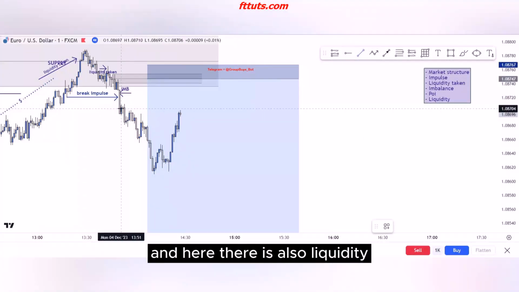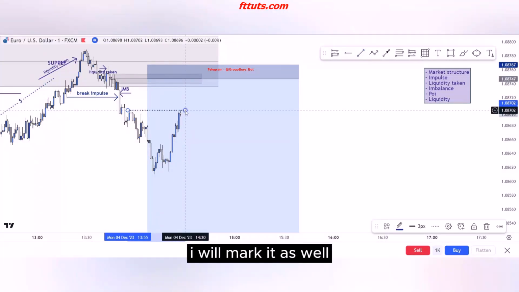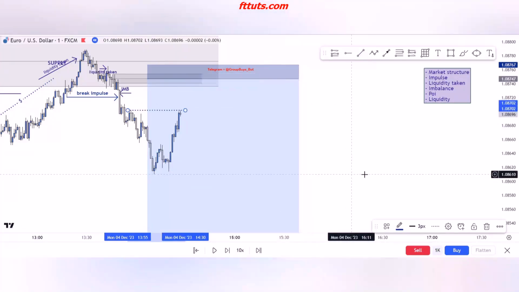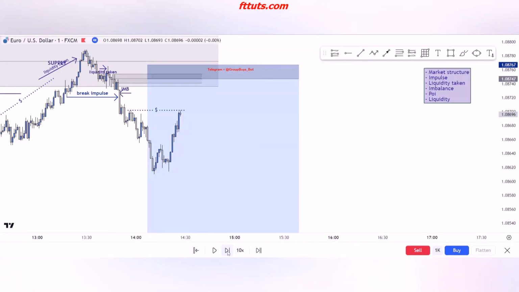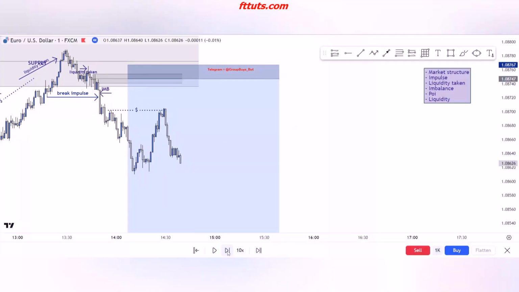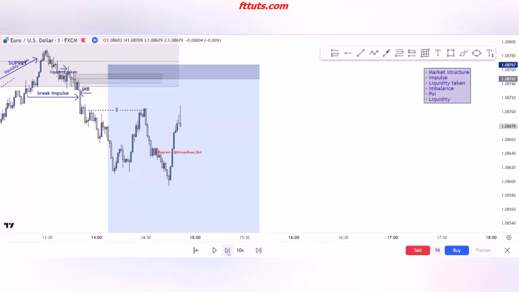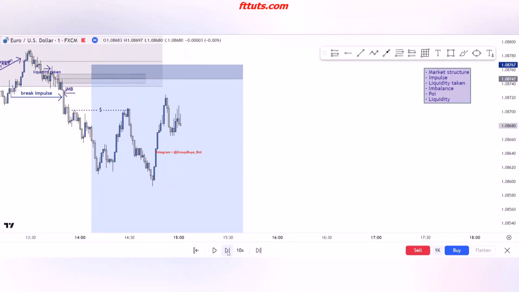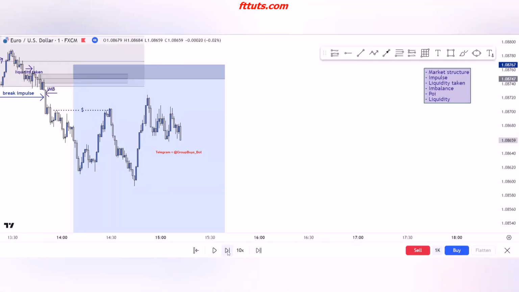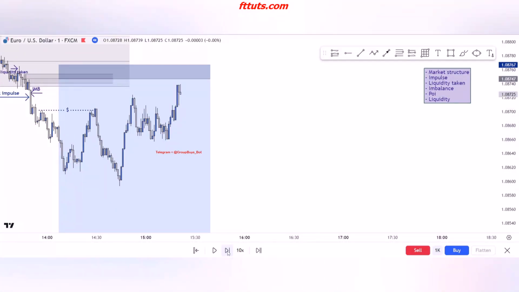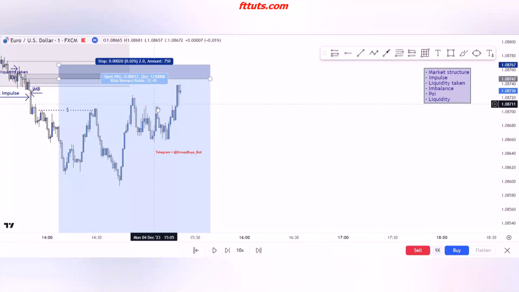And here there is also liquidity. I will mark it as well. And that's liquidity.